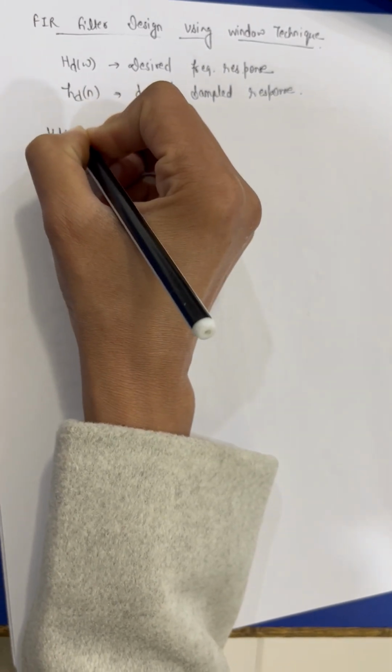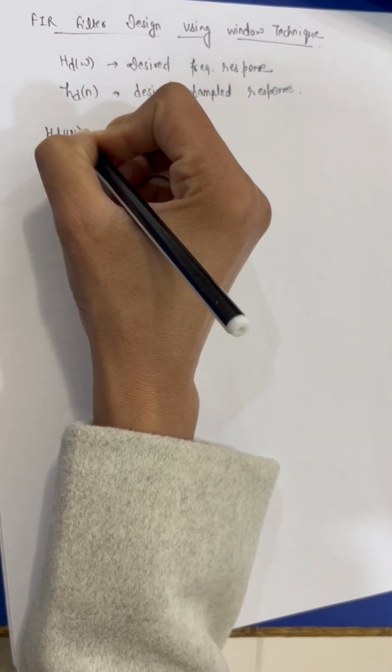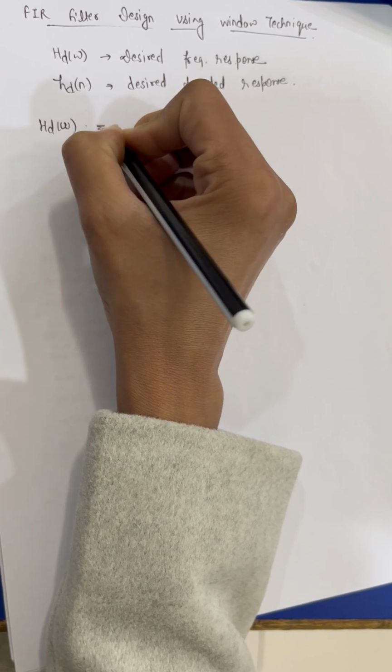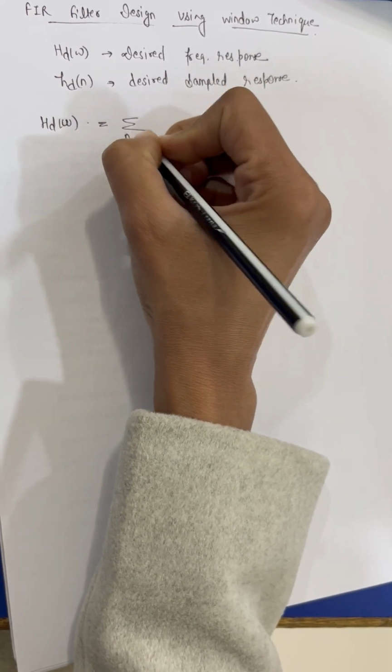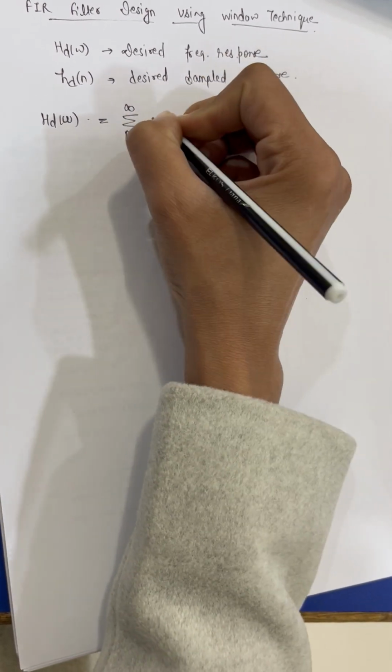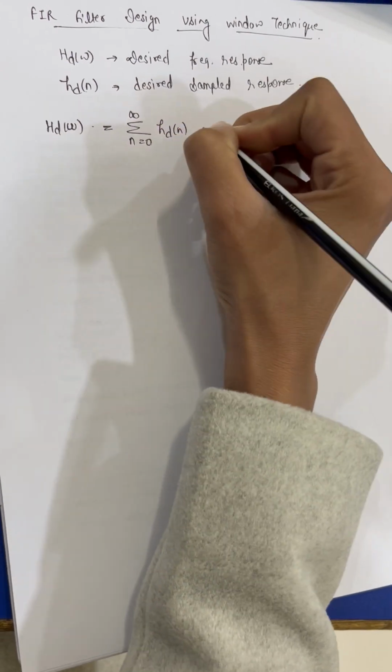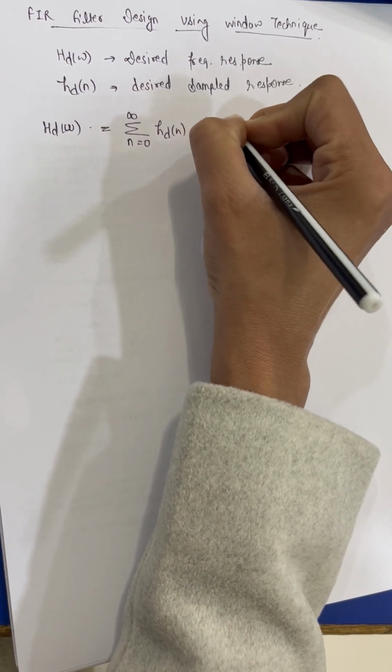H_d(ω) is represented by the sum from n equal to 0 to infinity of h_d(n) e to the power minus jωn.